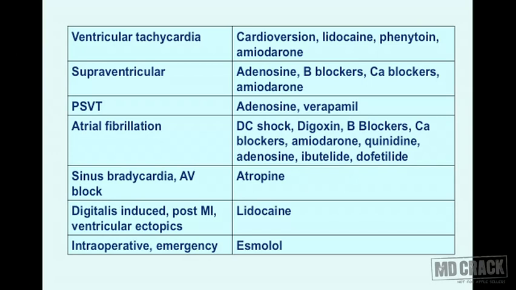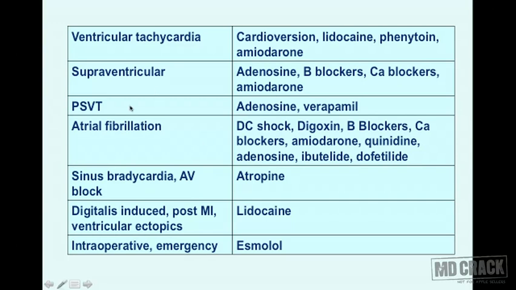Beta blockers and calcium channel blockers. So is it there on this column? Yes. Supraventricular tachycardia, beta blockers, and calcium channel blockers. And before them, now I am writing the name of adenosine, because that's the drug of choice for PSVT. In addition, in this group, you can write amiodarone, which is a broad spectrum antiarrhythmic agent.